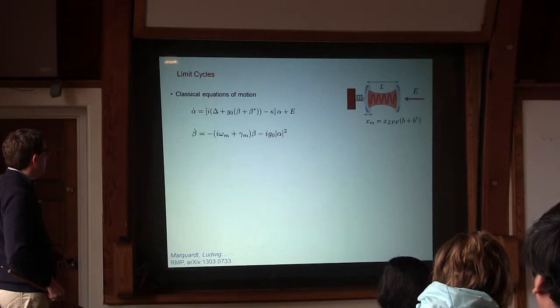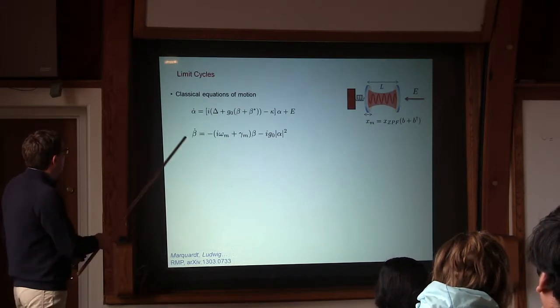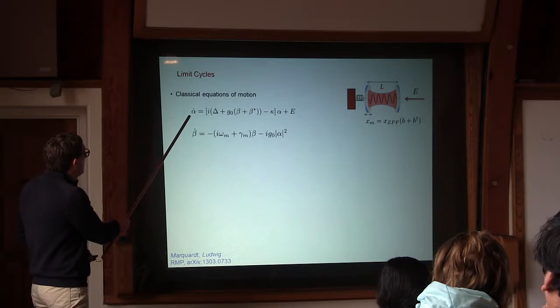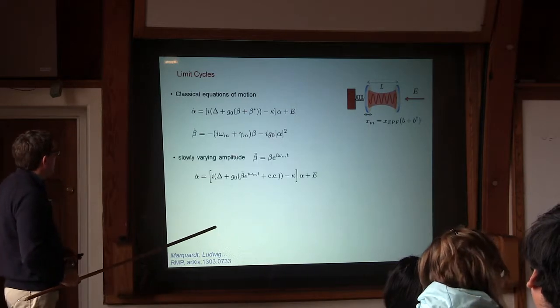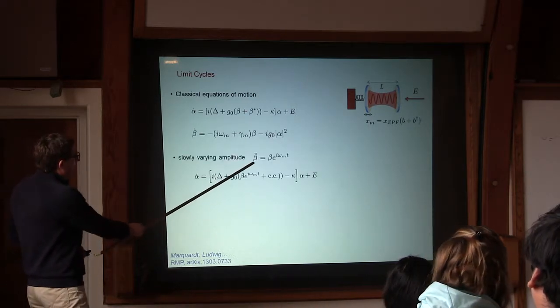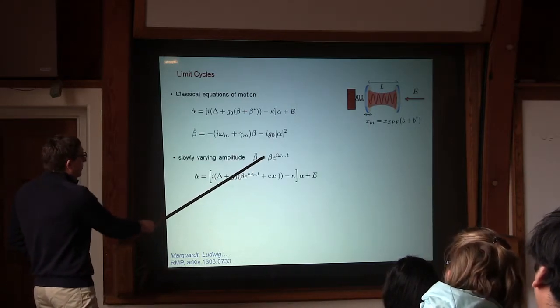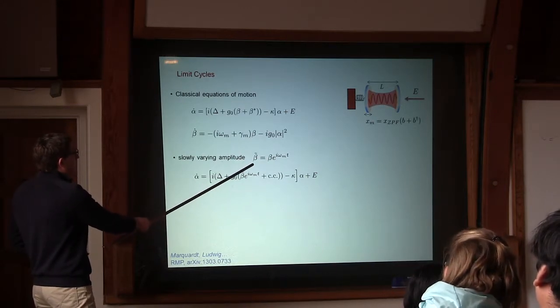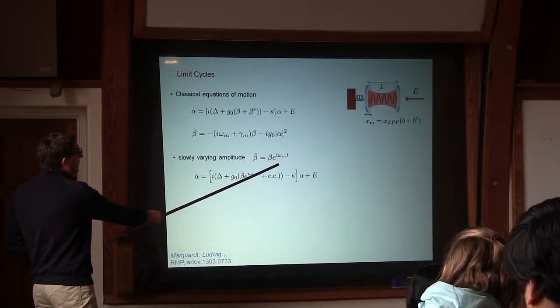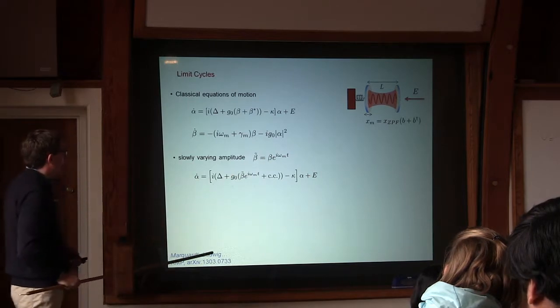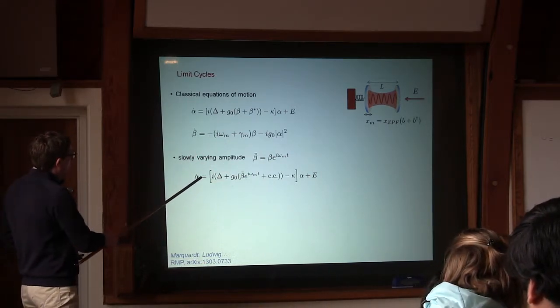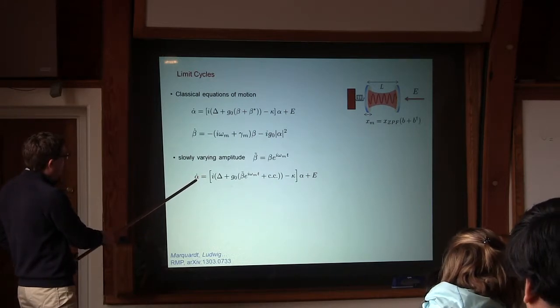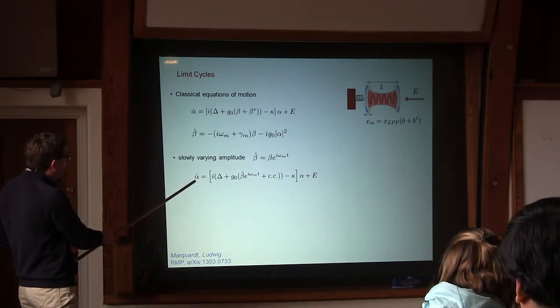Let's take the same approach as we took yesterday. Let's integrate the equation of motion for the cavity and plug it in for the mechanical oscillator. Again, we assume that the mechanical oscillator oscillates, so we go to a slowly varying amplitude, B tilde, where we take out the fast oscillation with frequency omega m. We plug that in here, get the equation of motion for the complex amplitude of the cavity, and solve it.